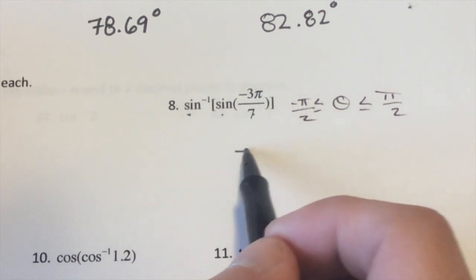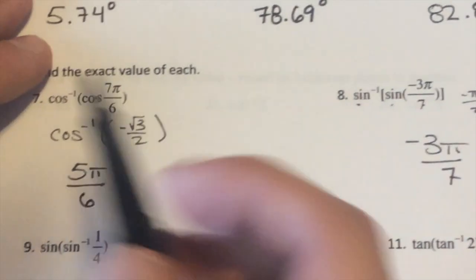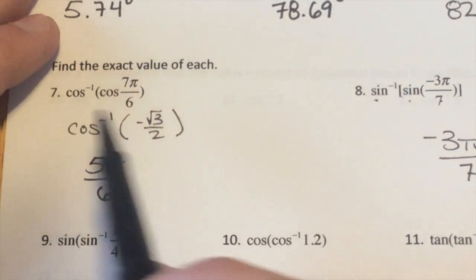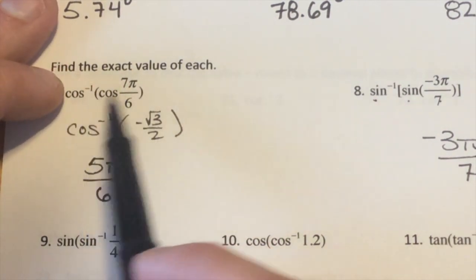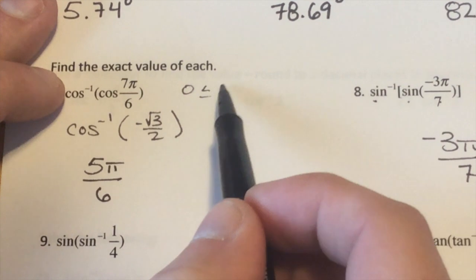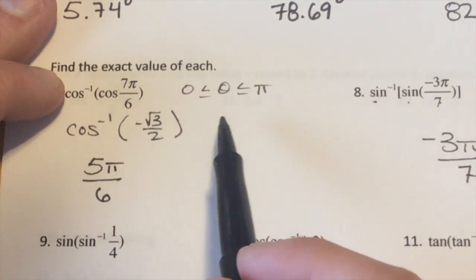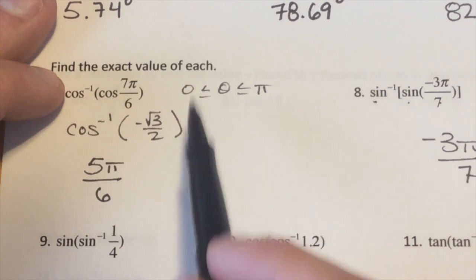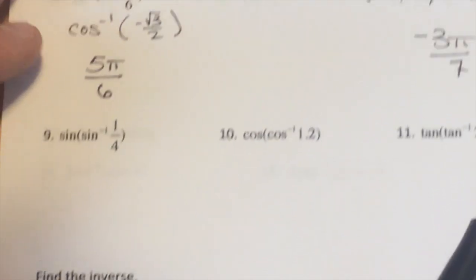Well, it's just negative 3 pi over 7. Why it didn't work for the original one, number 7, was because the angles that we look for with cosine should be between 0 and pi. 7 pi over 6 is a little bit bigger, so we have to put it inside the range that we're looking at in order to get a value out. So let's try the next one.